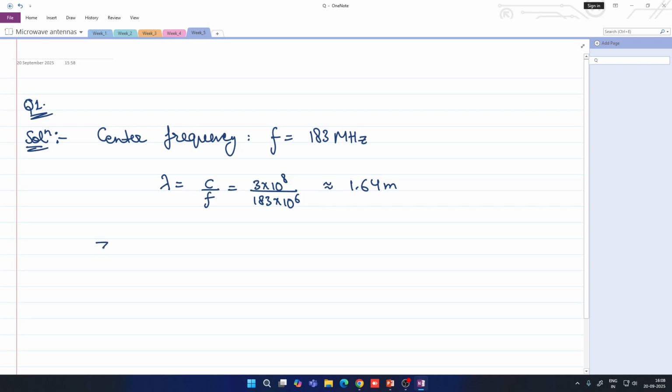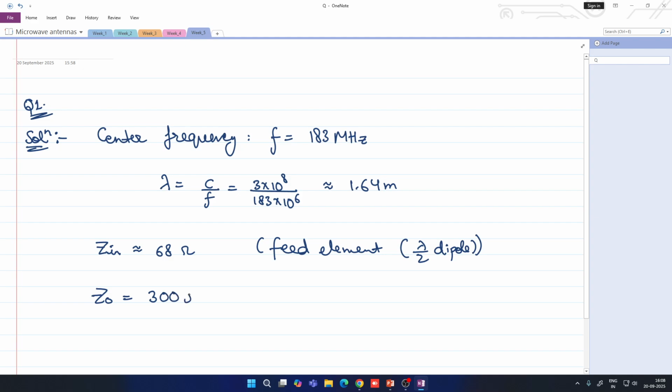Z in is given as 68 ohms, which is the input impedance of the feed element, the lambda by 2 resonant dipole, and the characteristic impedance of the 2-wire cable is given as 300 ohms. This is for the transmission line.